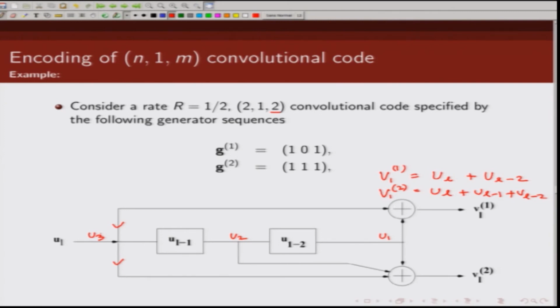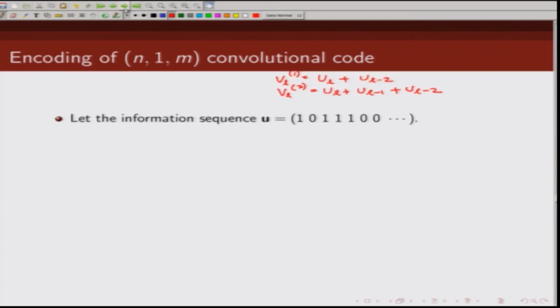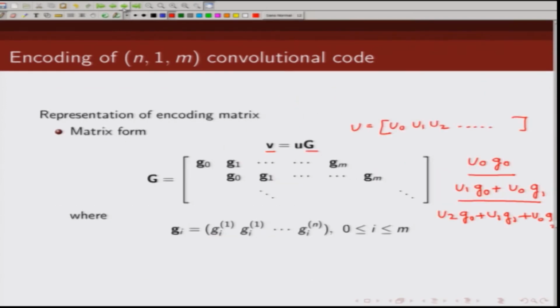It is U3 times G0 plus U2 times G1 plus U1 times G2, and U0 does not appear because the memory order of this code was 2.